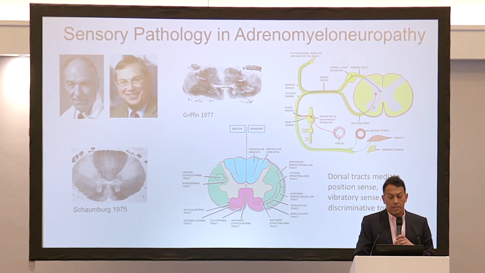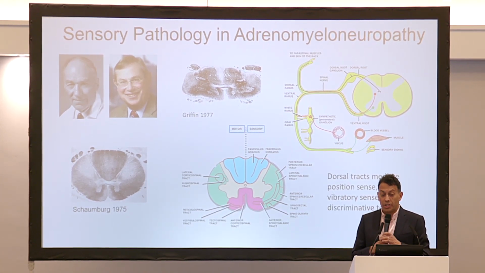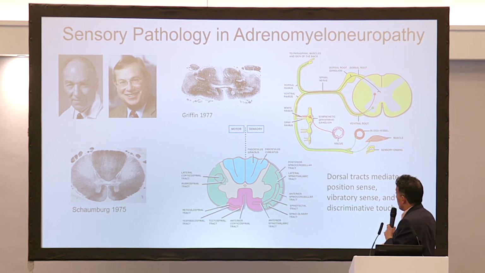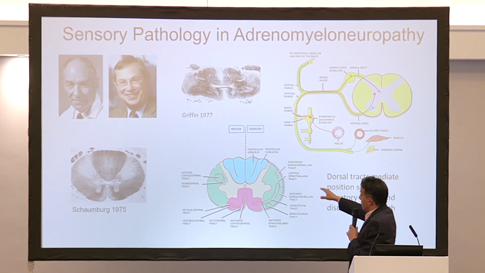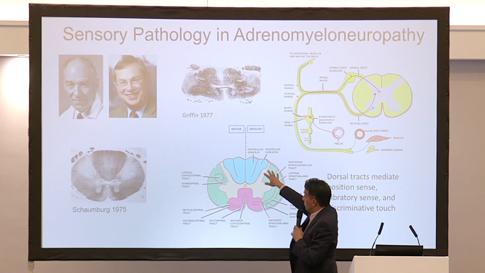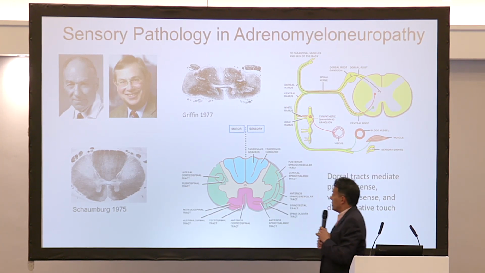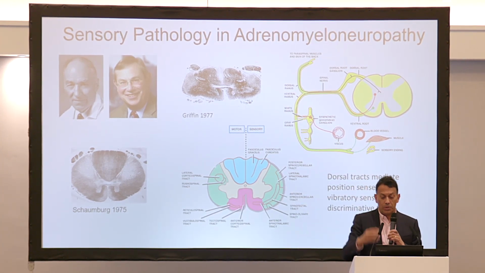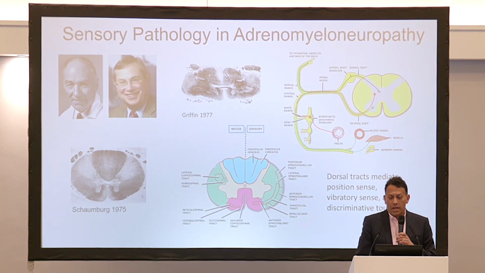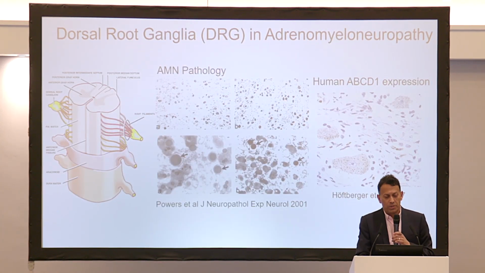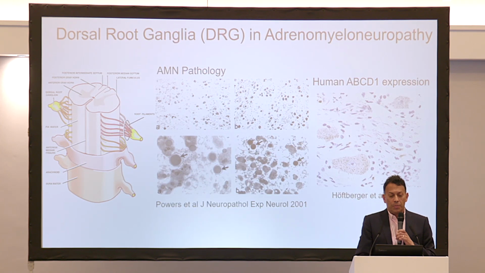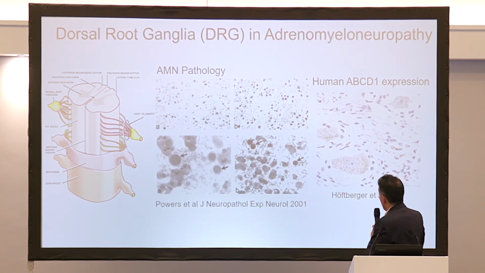So just briefly speaking on the sensory pathology in AMN, I showed you the structures that are so vulnerable are here in the spinal cord, in the back of the spinal cord, and on the side structures that are bringing information up to the brain or down from the brain. We want to be very careful about these structures because we know these are where a lot of human ABCD1 is expressed.